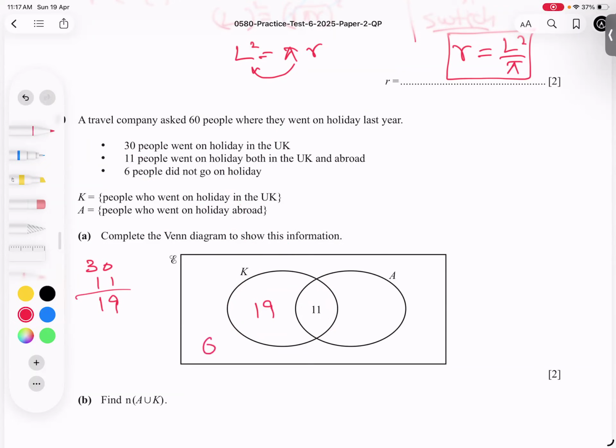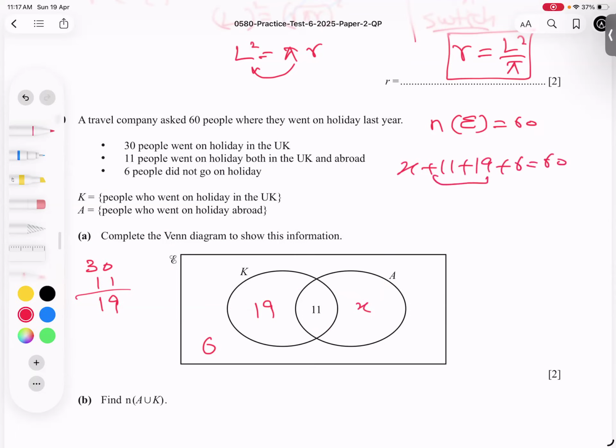Now, the interesting part: the full rectangle is 60, because it is the universal set. This is a sign of universal. So the number of universal values is 60. This n stands for number of values. If I don't know this gap, let's call it x. So adding them all is equal to 60. I'm writing x plus 11 plus 19 plus 6 is equal to 60.